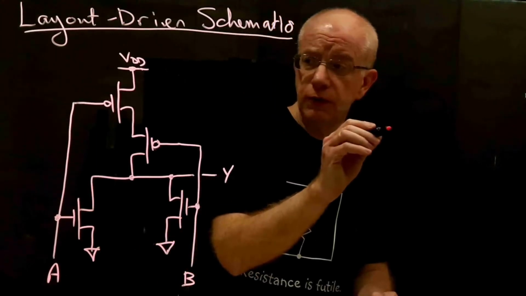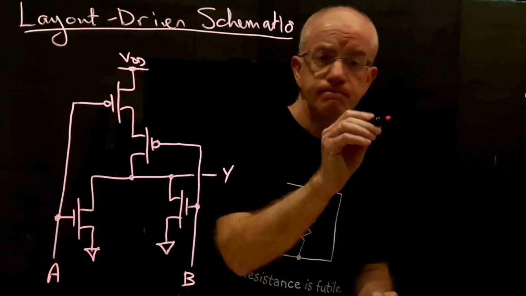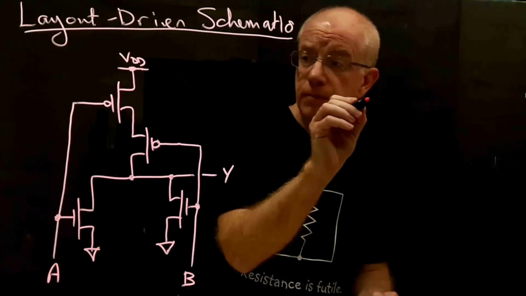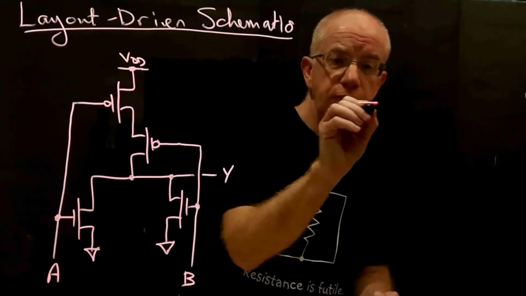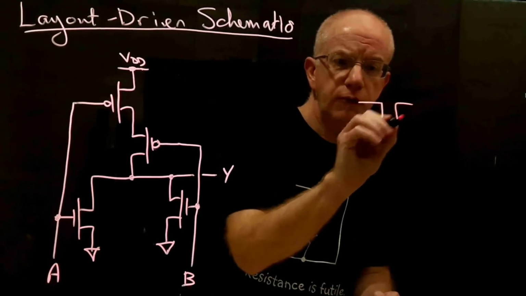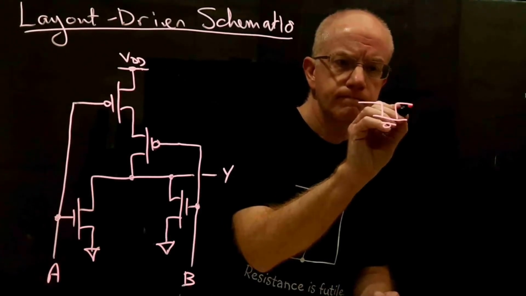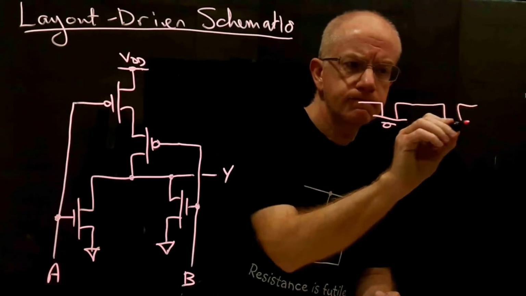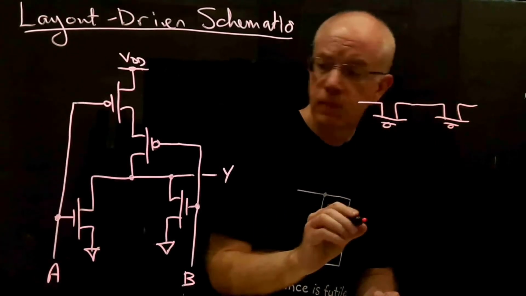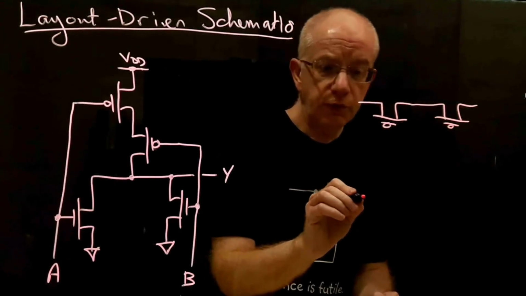We like to orient the transistors horizontally. And so I might take my two PMOS transistors and draw them like this. And my two NMOS transistors I might draw like this.